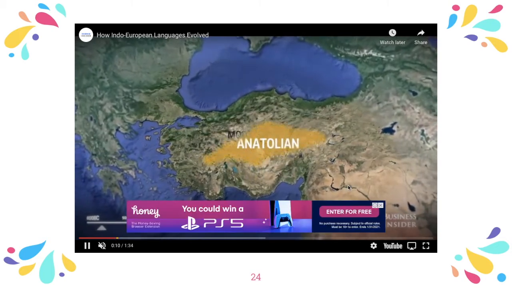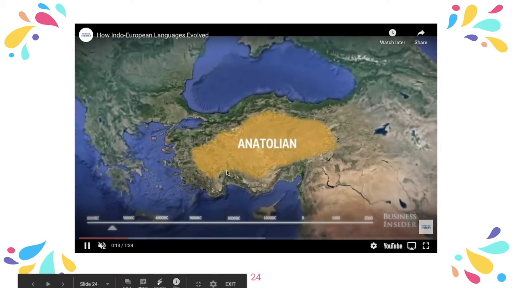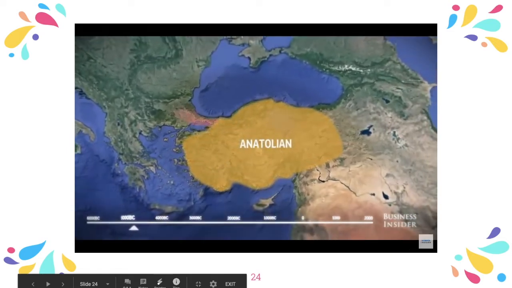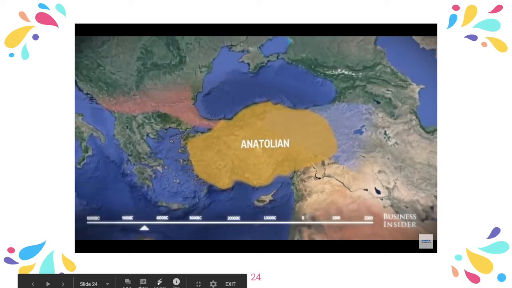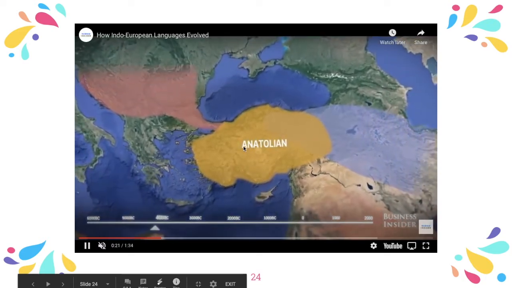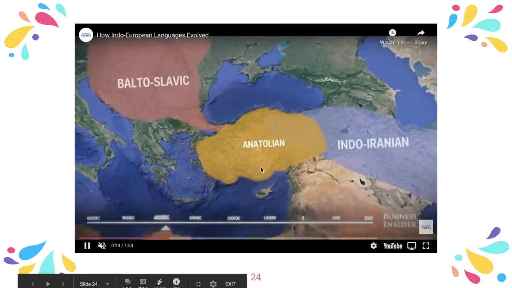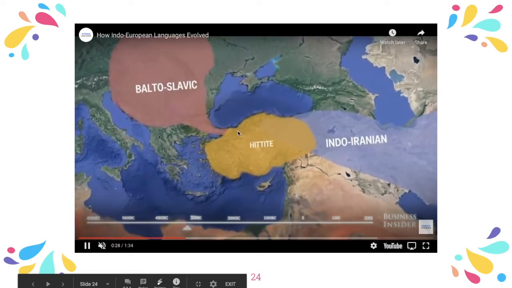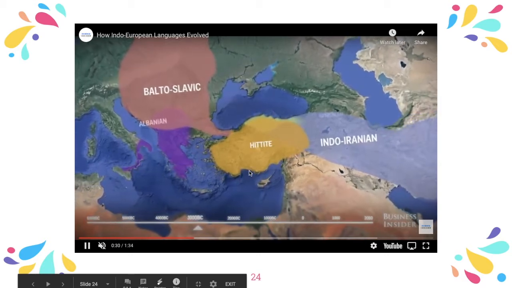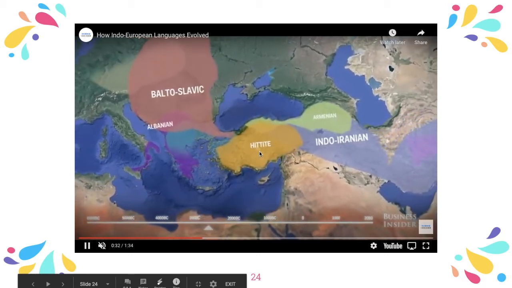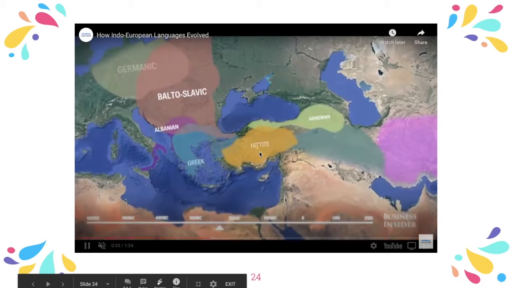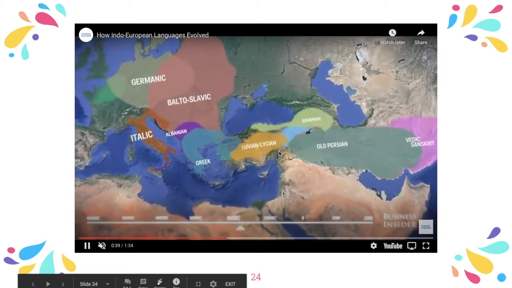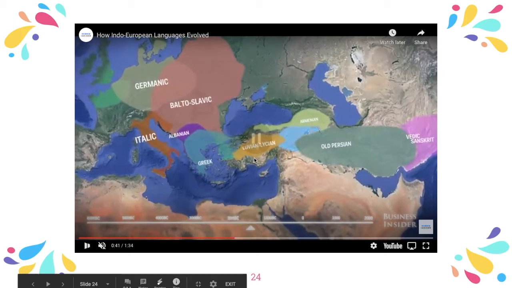Again, this is a theory; there are different theories about exactly where the Proto-Indo-European language started, but we do find it in ancient Anatolian cultures. Eventually, those Anatolians become the Hittites, and there you can see that change. The Hittite kingdom expanded their languages through conquest, and you can start to see all these different branches and languages that are forming.